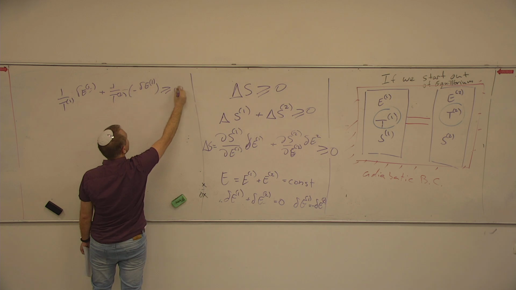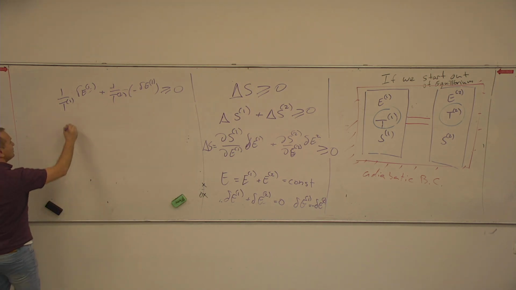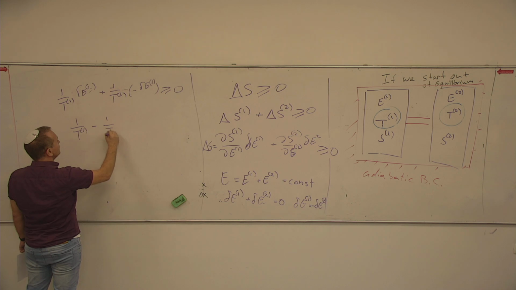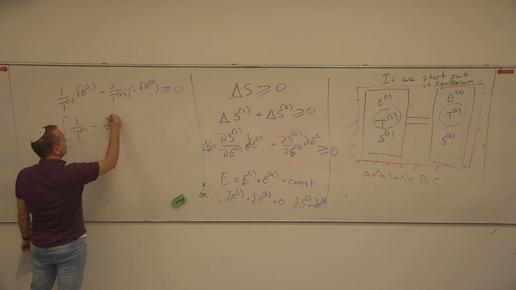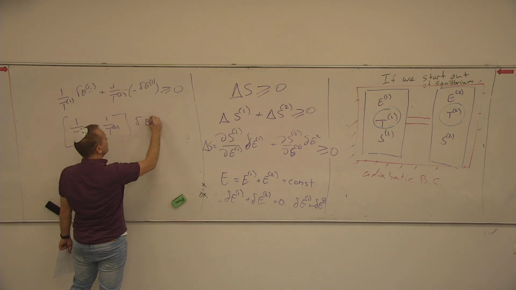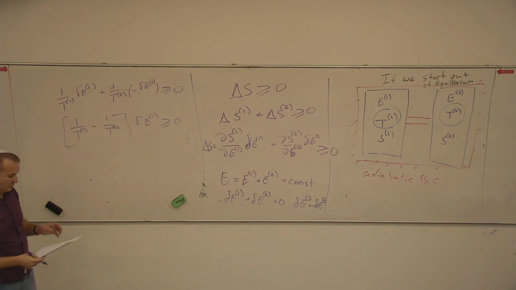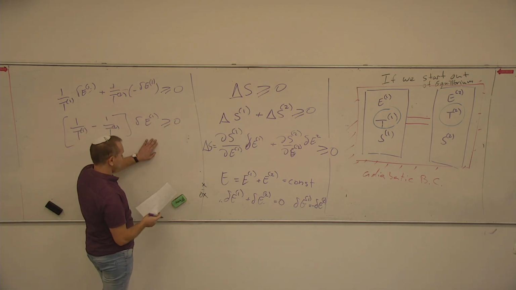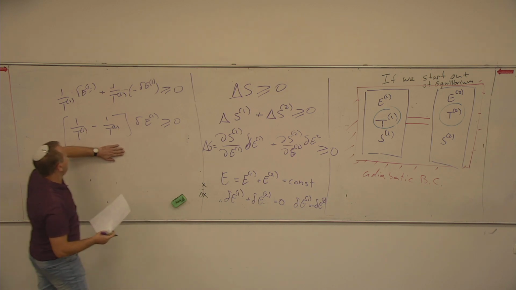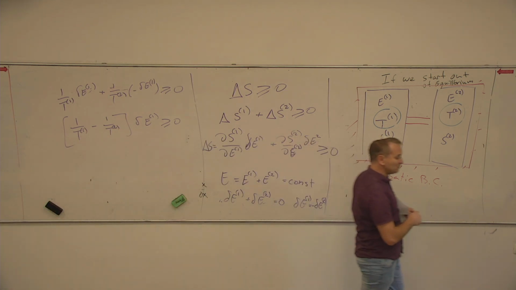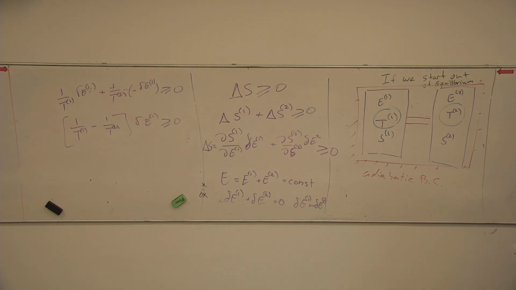This is greater than 0. So I obtain 1 over T1 minus 1 over T2, multiplied by delta E1, greater than 0. Now, out of this, it starts to be a little bit more interesting than the previous example.